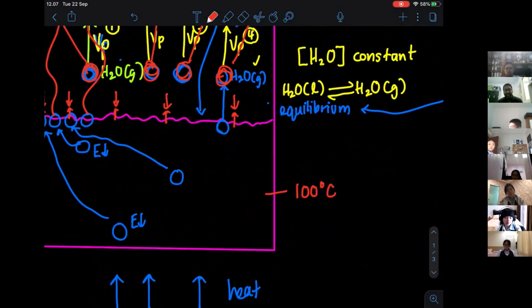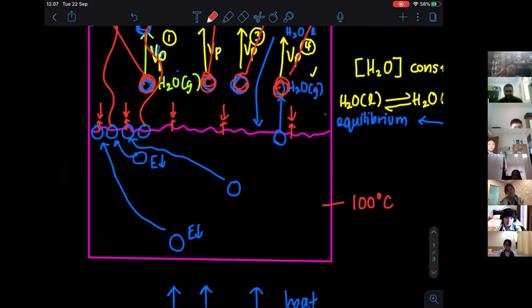To answer that, since the physical barrier is gone, everything can simply go, but it also depends on the energy. Some of them are still boiling, so not all of them have boiled yet. Not all the water molecules have enough energy to break the bonds between each other, because they still have intermolecular forces of attraction.